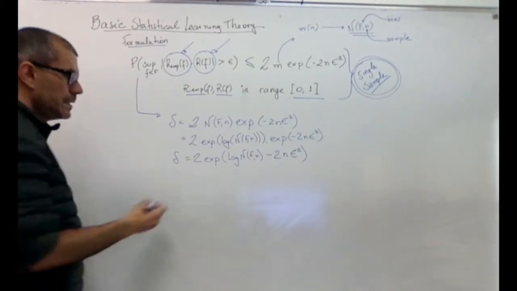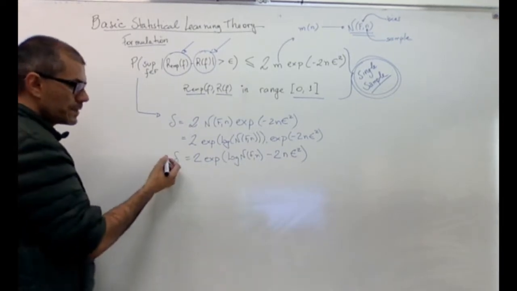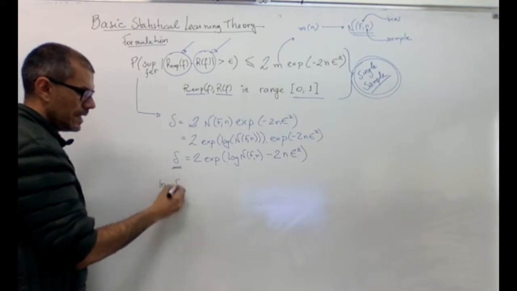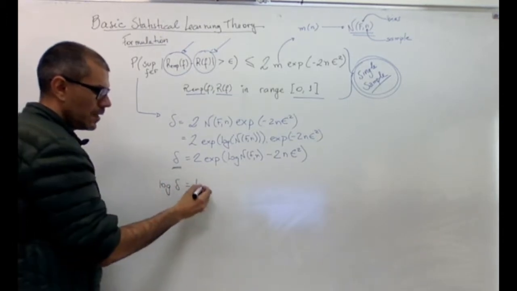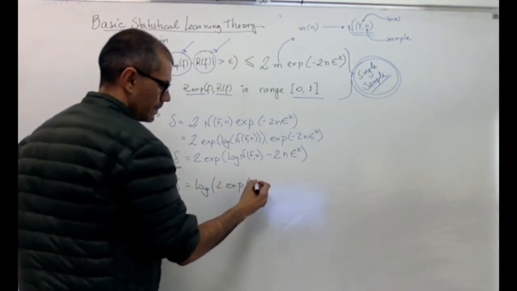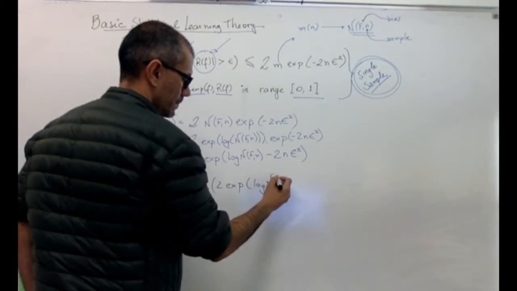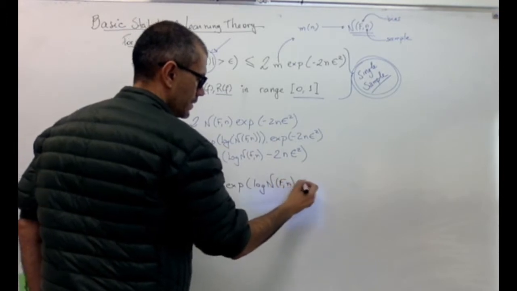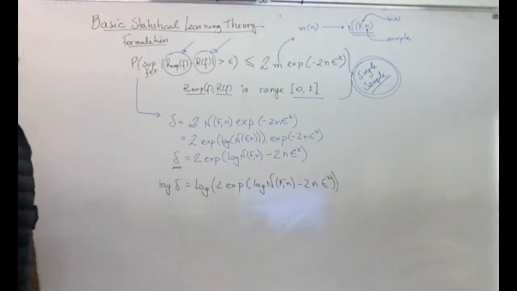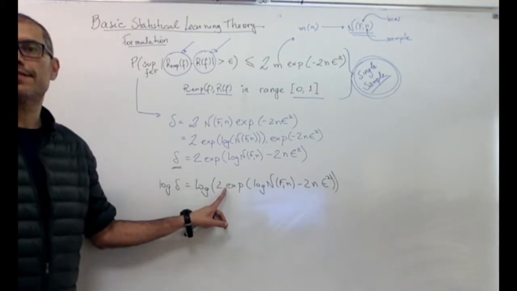As a last step, I will isolate epsilon, and to do that I will apply a log on this side. So I have log of delta equals the log of everything: 2 times the exponential of this guy. Since I have the log of a product, I can use the sum of logs.